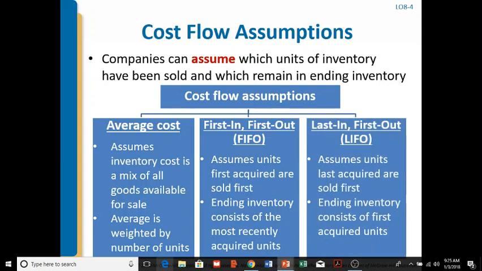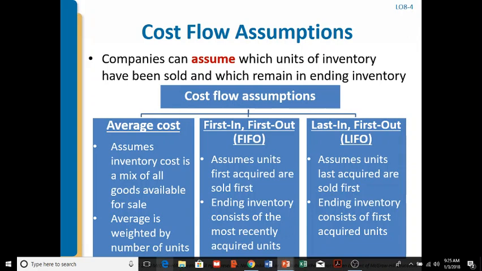All right, so here are your three methods. Average cost assumes that the inventory cost is a mix of all goods available for sale. The average is weighted by the number of units. So you divide the total cost of units purchased into the number of units that you have.